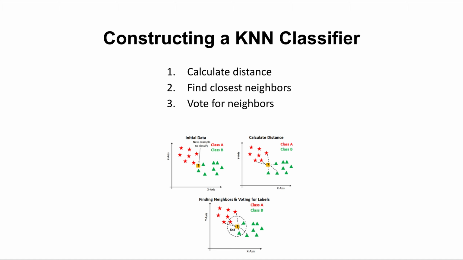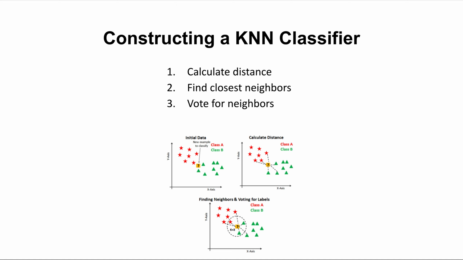It's kind of hard to see, but in the graph that says calculate distance, we have some new data point, some new initial data we want to classify. We look at all of its neighbors. So you see there's 3 stars that are neighbors and 3 triangles that are neighbors. So there you go. There's 3 class A's, 3 class B's. And then we vote for neighbors. So we have a range of the 3 closest neighbors, and we vote. As you can see, we have our value of k being 3.